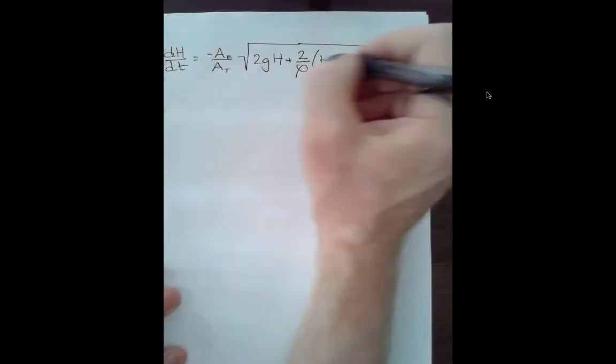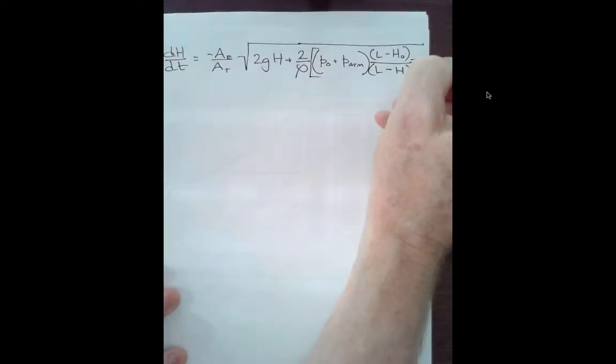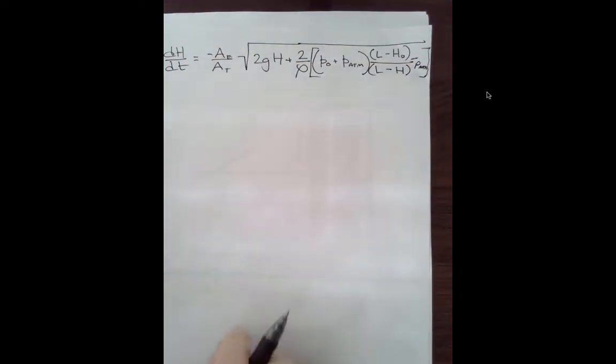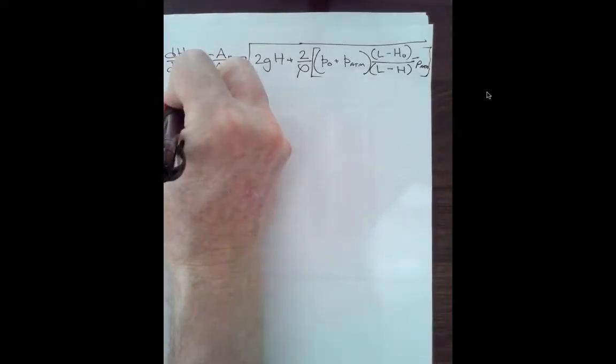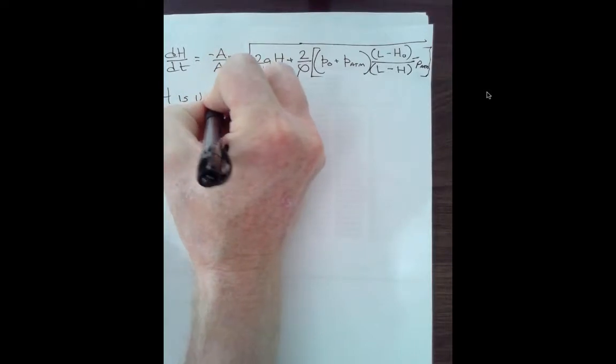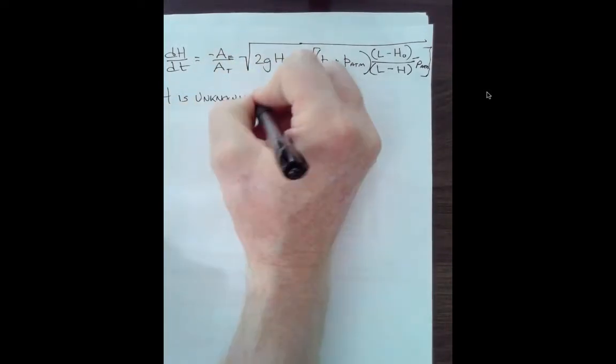And I'm having a hard time fitting that in. That's all there. H is unknown. Rest are constants.